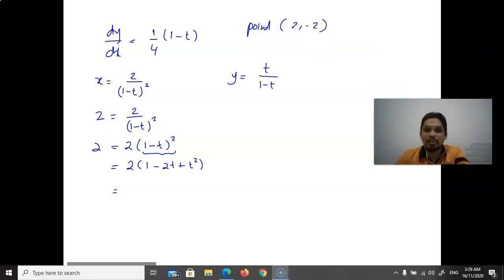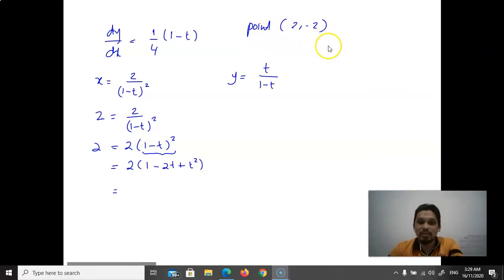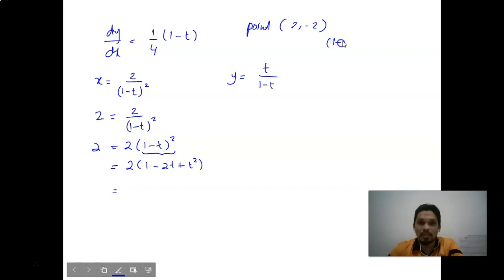How we're going to treat this kind of situation here: 1 minus t squared, which is 1 minus t and 1 minus t. 1 times 1 equals 1. 1 times negative t, another negative t, gives negative 2t. Negative t multiplied with negative t gives plus t squared.